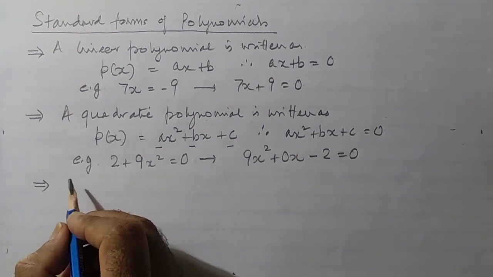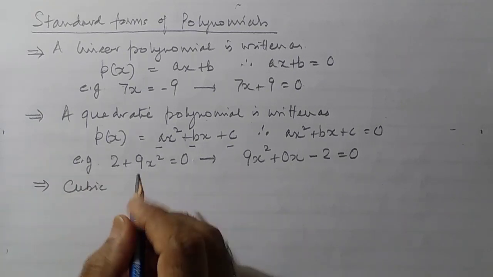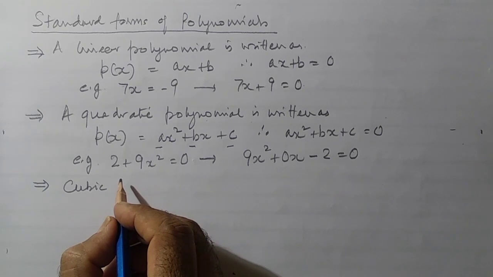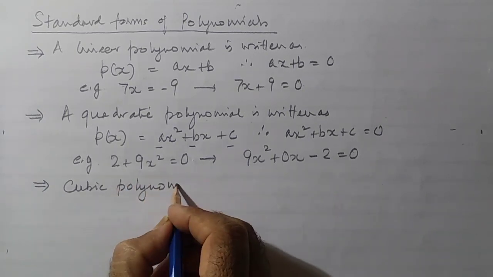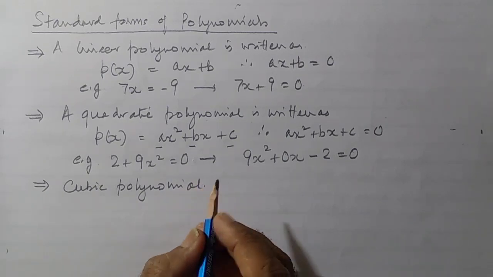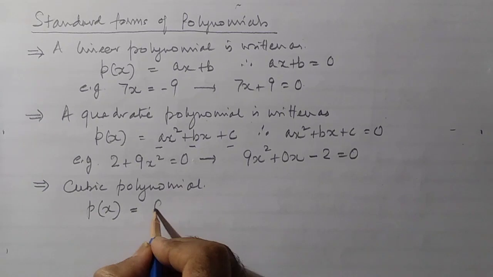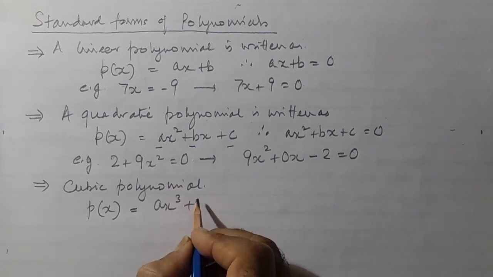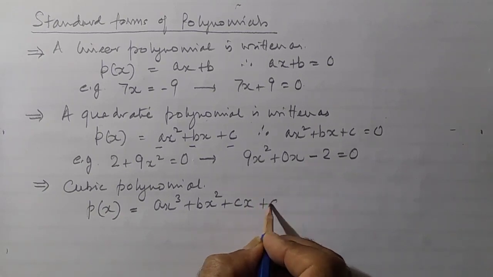Lastly, let's see a cubic polynomial. Polynomial of x is equal to ax cubed plus bx squared plus cx plus d.